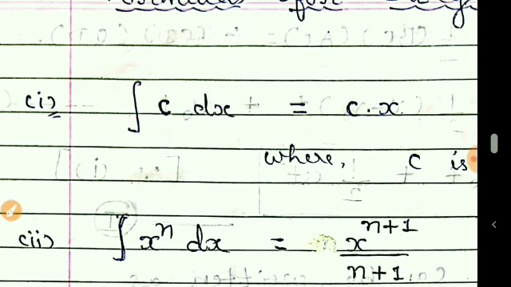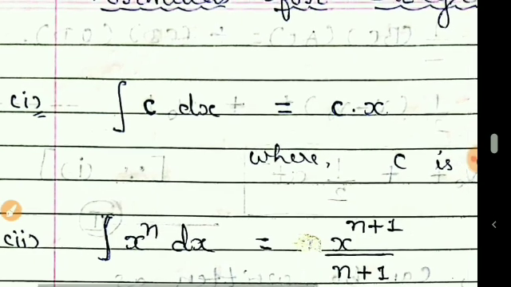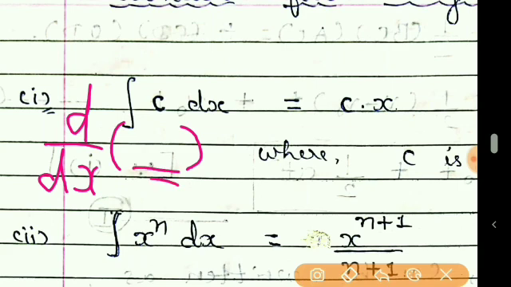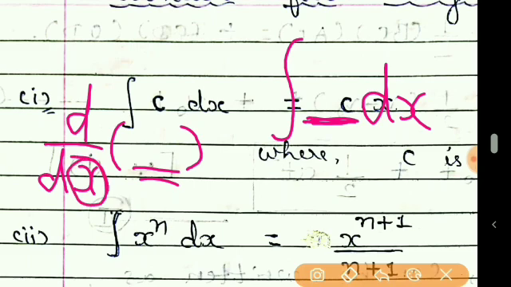Students, remember in differentiation we will compulsorily get this term, d by dx, and then whatever is to be differentiated is written here. Similarly in integration there will compulsorily be the term integration dx, and there will be some function here which is to be integrated. Here the function is x.